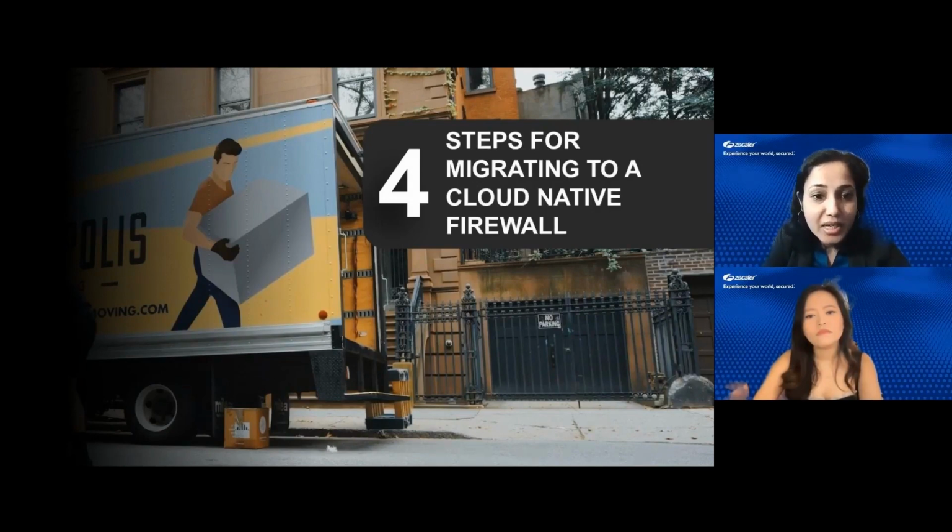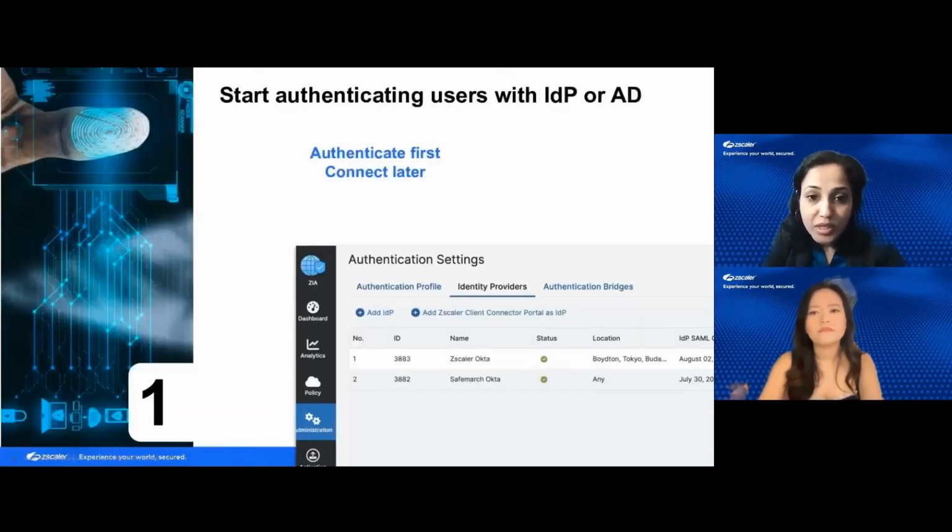And let's dive into the steps to move to the Zscaler firewall. At first, you will start authenticating your users with your identity provider or Active Directory. So in a traditional firewall or VPN, you would make the connection first. Your rules are defined, your policies are defined.